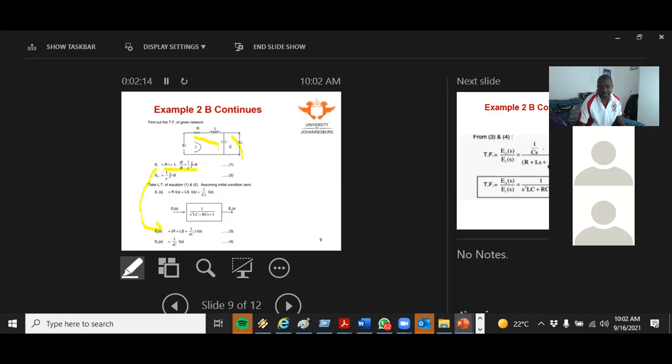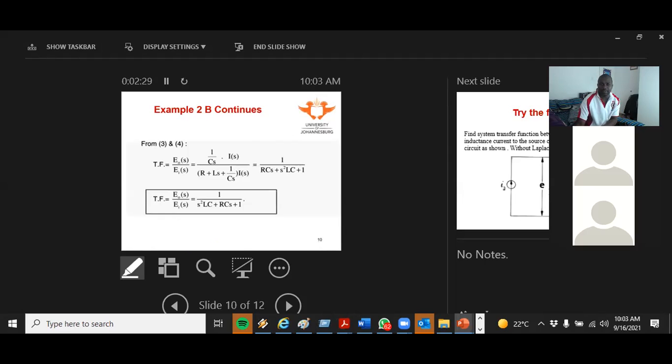Then we've got the S domain. Same thing for the output at the capacitor, make it in the Laplace domain. Then we take the ratio of the two, simplify, and we have it. So we are doing things two ways here, with Laplace and without Laplace.